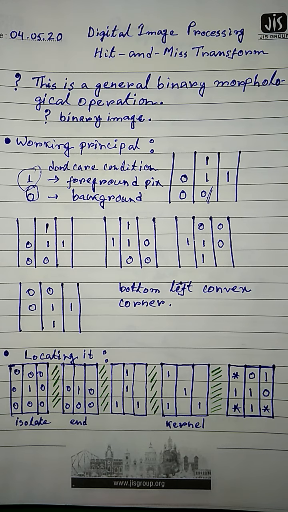If the foreground and background pixels in the structuring element exactly match foreground and background pixels in the image, then what will happen? Then the pixel underneath the origin of the structuring element is set to the foreground color.